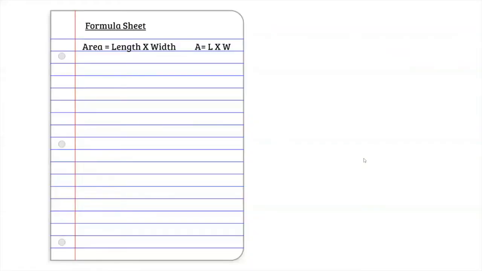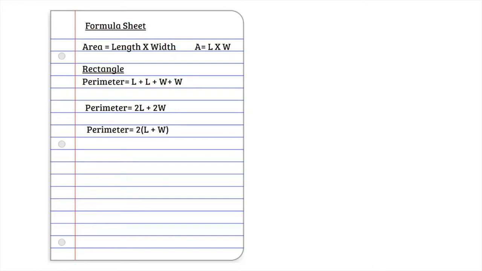We just learned some new formulas that we can add to our formula sheet. The first one is perimeter equals length plus width plus length plus width. We know that these are the formulas for the perimeter of a rectangle. So I'm going to add rectangle over top of these formulas. We also learned that perimeter equals 2 times the length plus 2 times the width, or 2L plus 2W.